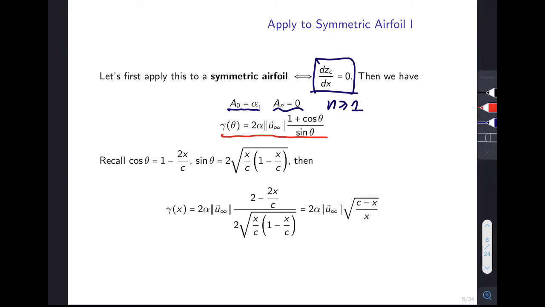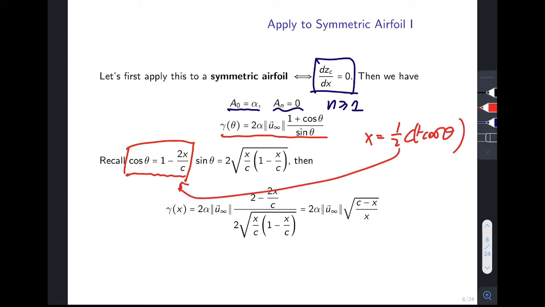Okay, so an interesting thing is that you can now convert this back to gamma x by using the following transformation. Remember that x is c over 2 times (1 minus cosine theta). So from this expression, you can derive cosine theta as a function of x.